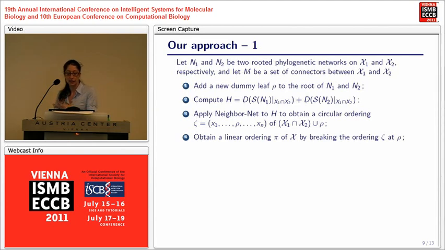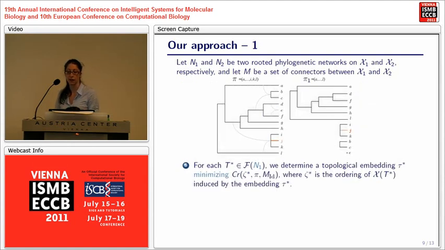So thanks to this linear ordering, we're going to order our two networks. Now I'm going to give you the algorithm for N1, but it's the same for N2. Just really informally, you try to find the topological embedding of the forest that is as much in accord with the linear ordering pi that I just computed with NeighborNet.